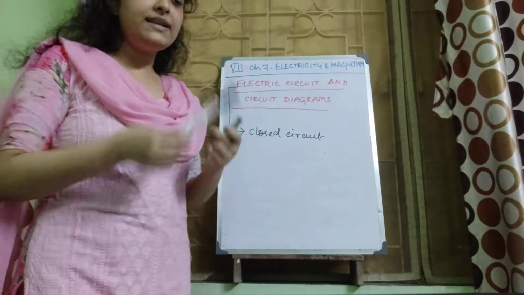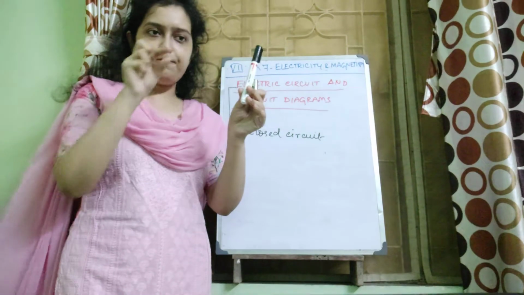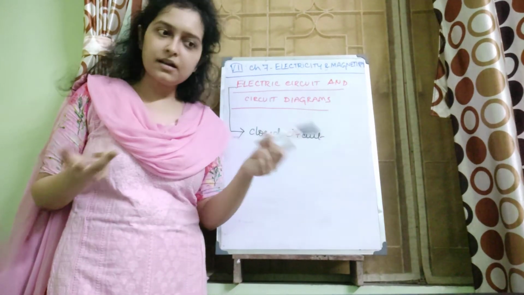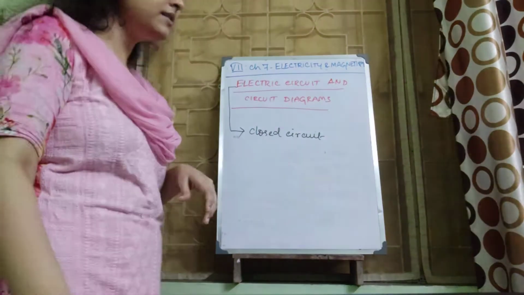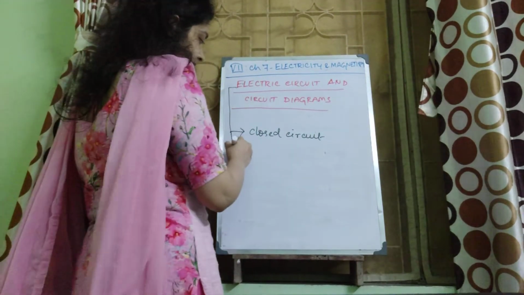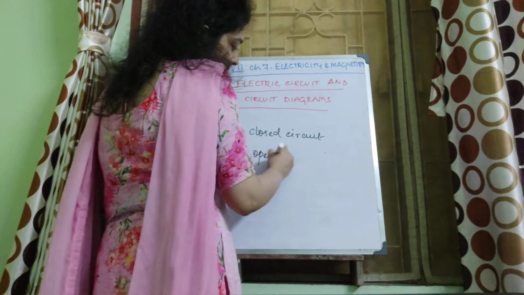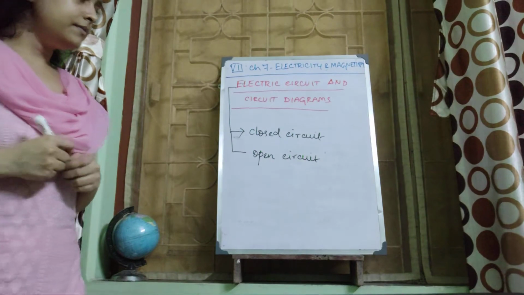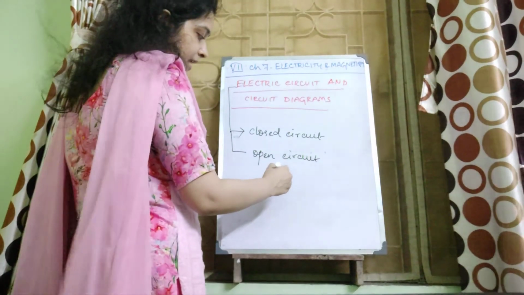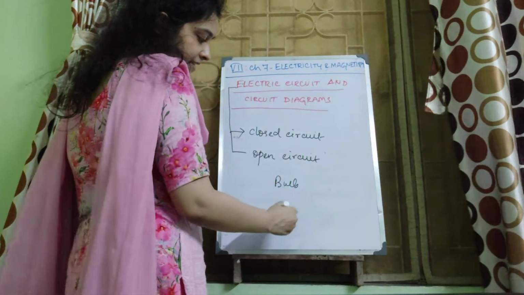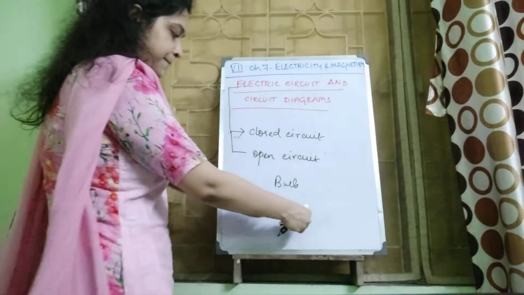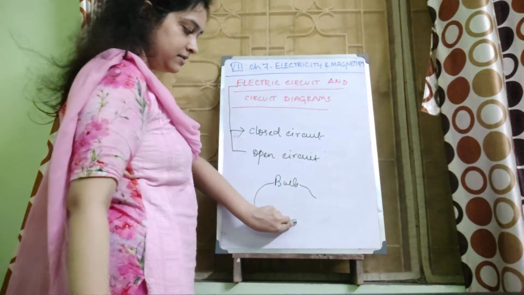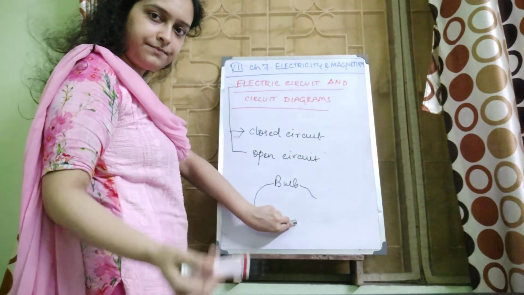Now, if somehow at any part, say the wire is broken, an incomplete path, then current cannot flow through that incomplete path. That type of electrical circuit is known as an open circuit. So, suppose you have a bulb and you have this cell and you connect this and you have not connected this, that is an open circuit.